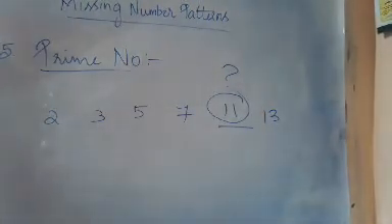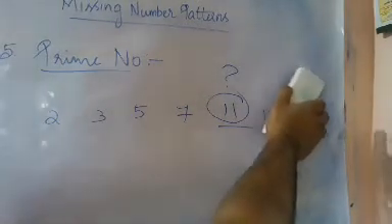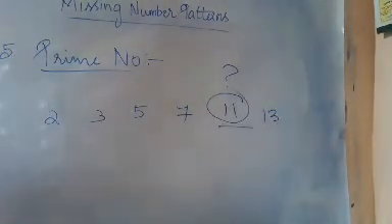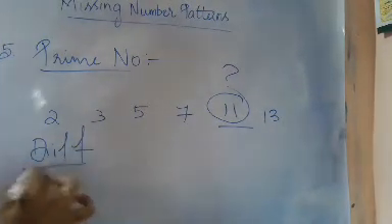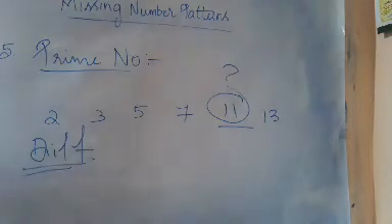So instead of giving the prime numbers directly, they might give the prime numbers in the difference method as well. The difference between the numbers might be a prime number.